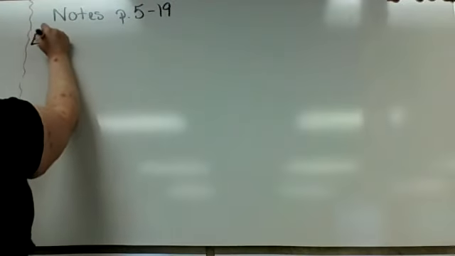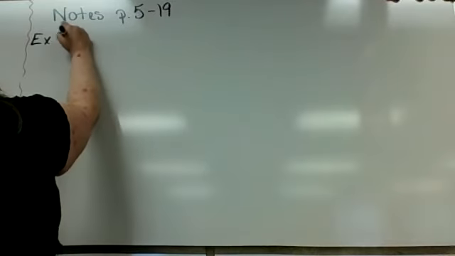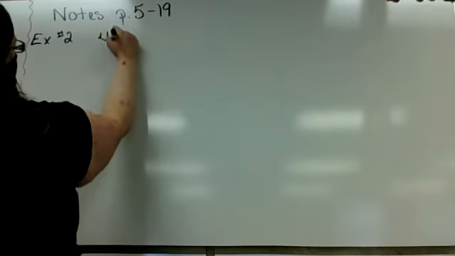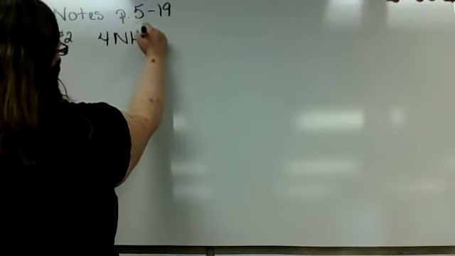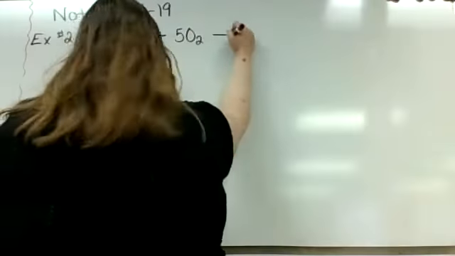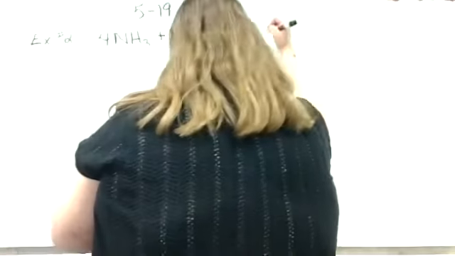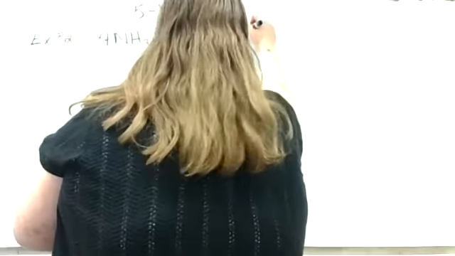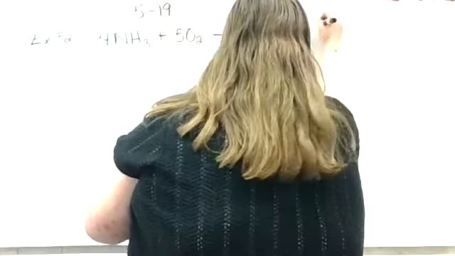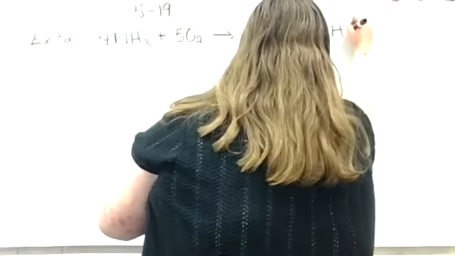So let's do number 2. 4 NH3 plus 5 O2 yields 4 NO plus 6 H2O.